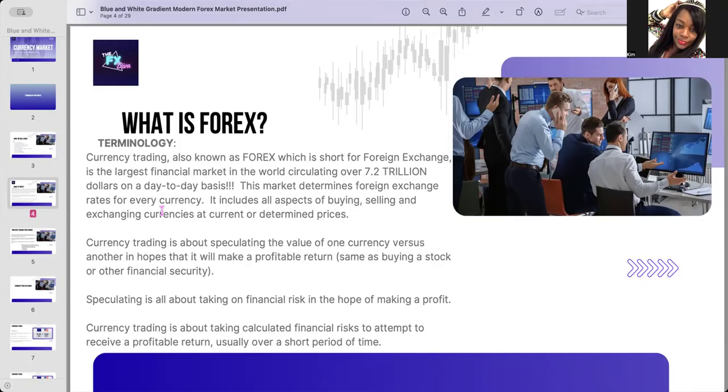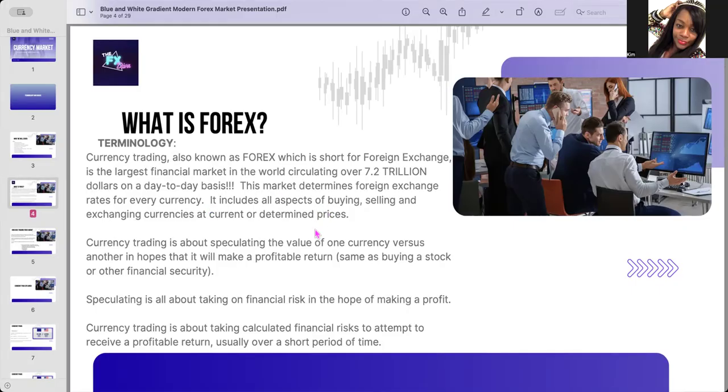That means the money that people are losing in the market and the money that people are making, it is a lot of money. It is the largest financial market out there, even against stocks, even against options. Forex is the largest.